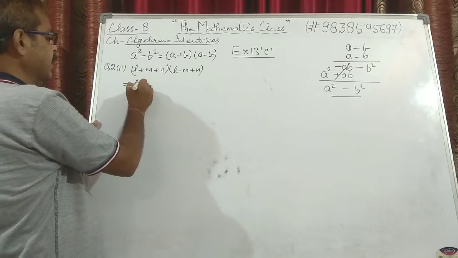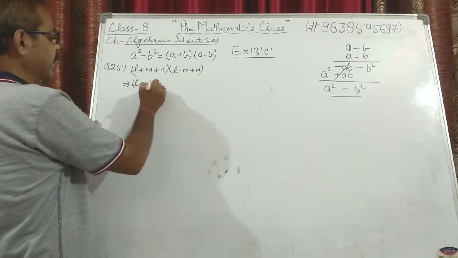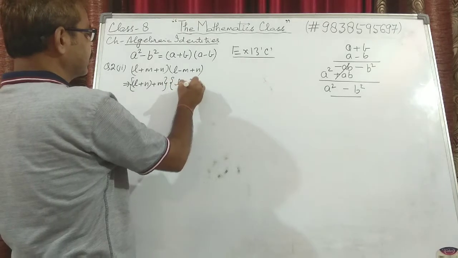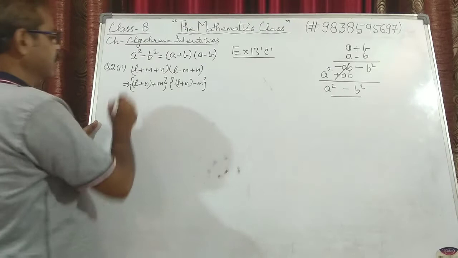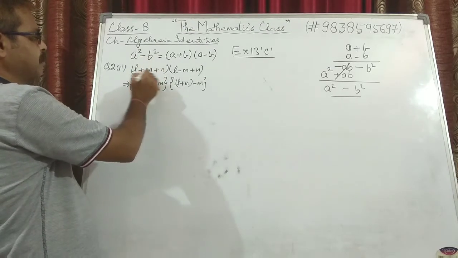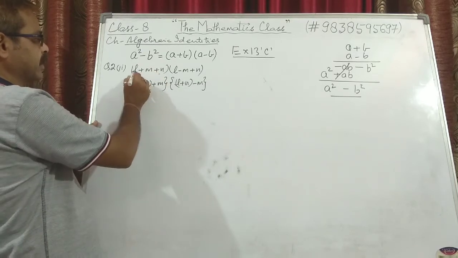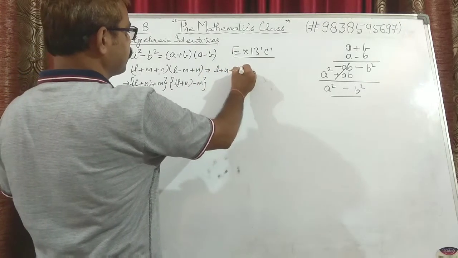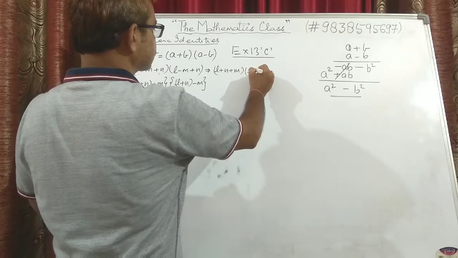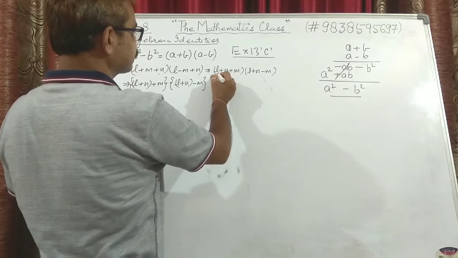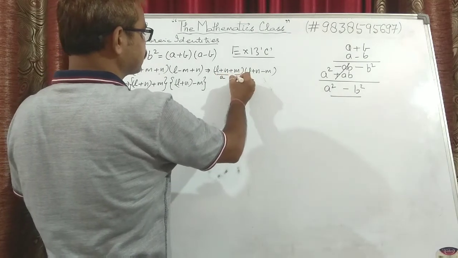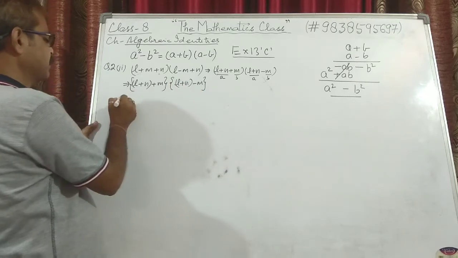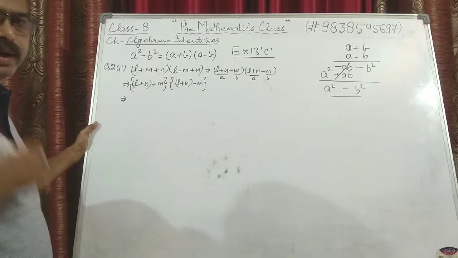This can be written as L plus N in one bracket plus N, and then we can write L plus N minus M. What we have done is take L and N together and make them a term A. So now it can be written as L plus M plus N, or if you want, L plus N plus M and L plus N minus M. So L plus N has been considered as A and M is considered as B. Similarly, A and B, so A plus B, A minus B. We know A plus B times A minus B is equal to A square minus B square.